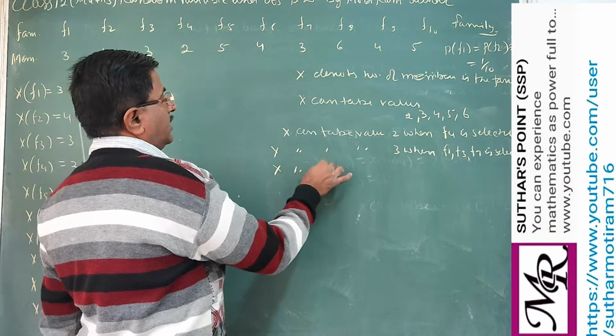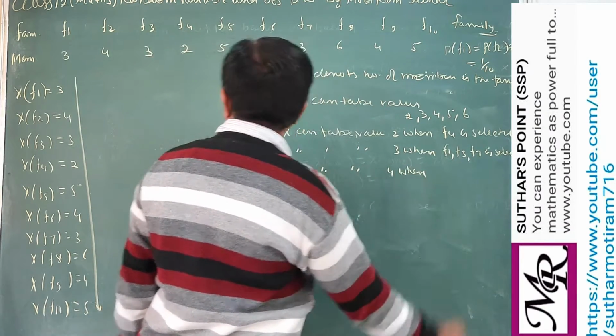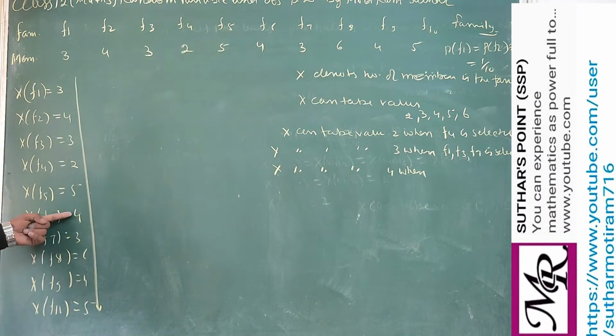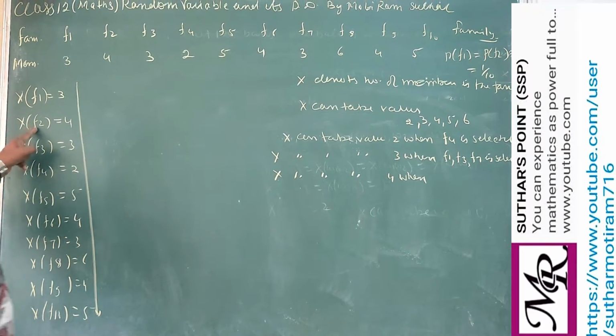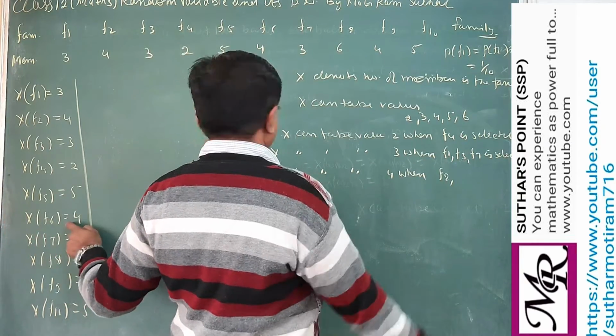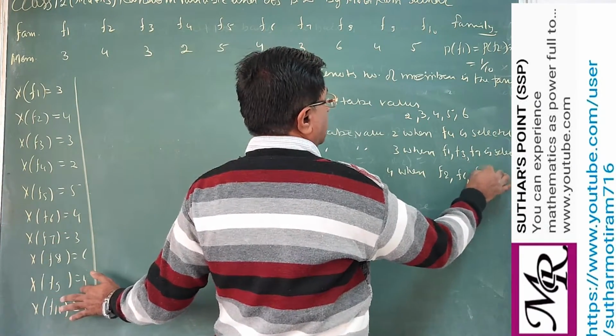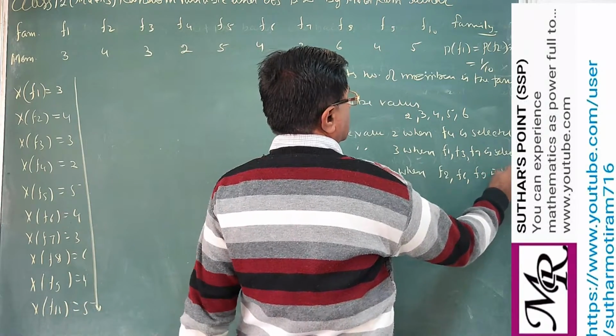Similarly, X can take value 4 when the second family F2, F6 and F9 are selected.